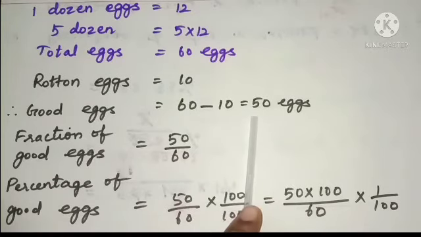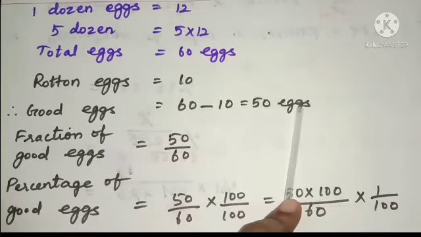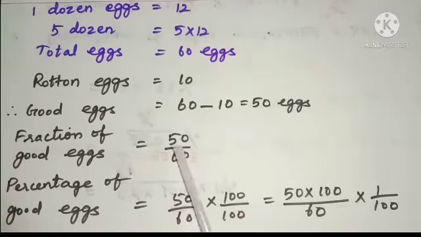So the good eggs are 50 eggs. Now to find the percentage of good eggs, first let us find the fraction of good eggs. That is, out of 60, 50 eggs are good. So the fraction of good eggs is 50 by 60.